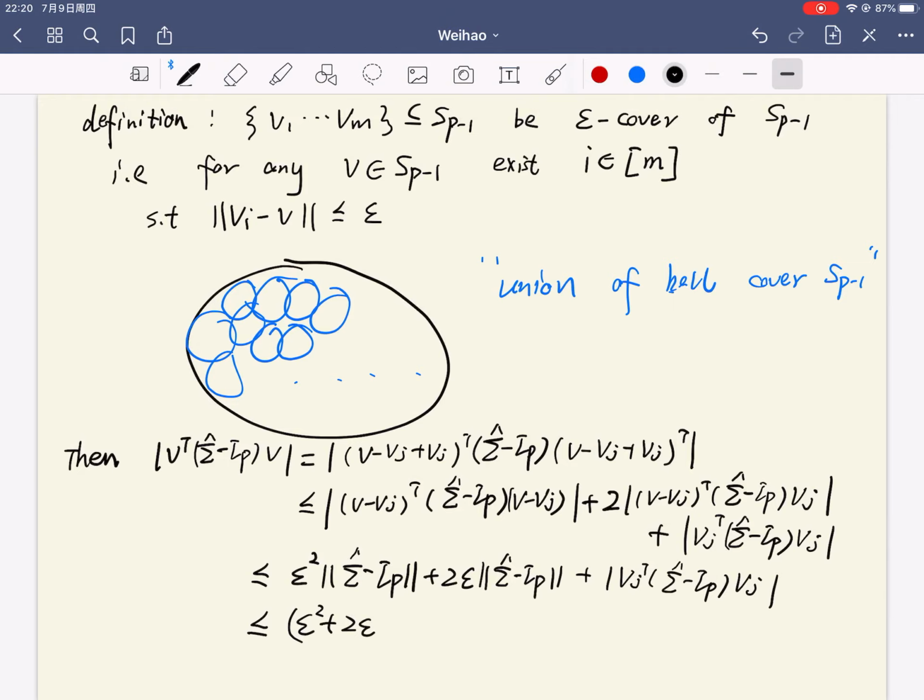If we take the maximum, it can further be upper bounded by this.